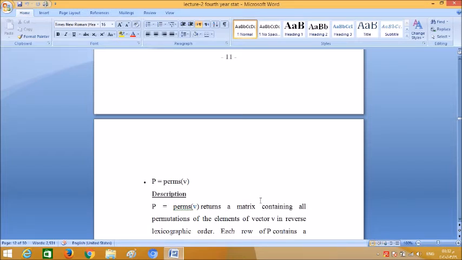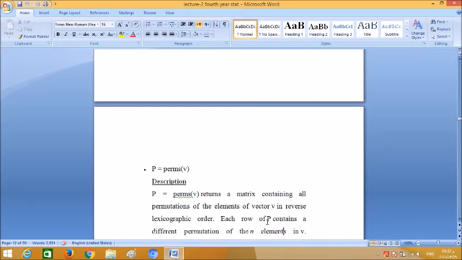The permutation will begin with the last one, then the one before the last, then the one before, and so on. It's not beginning with the first element. This is the meaning of reverse lexicographic. Lexicographic means a dictionary.